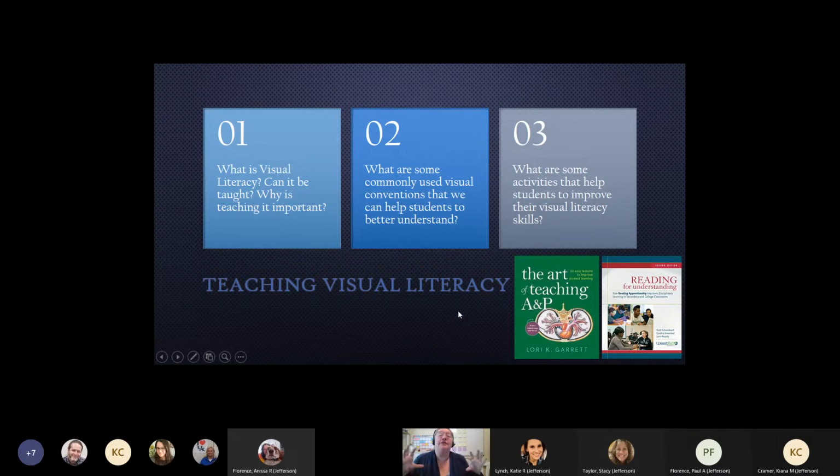And then last year, I was also in the book group of Read and Succeed for Reading for Understanding. And there are sections in that book that talk about visual literacy and teaching students how to read figures and making these skills explicit. So, those are two sources for some of the activities that I started to implement in my class.